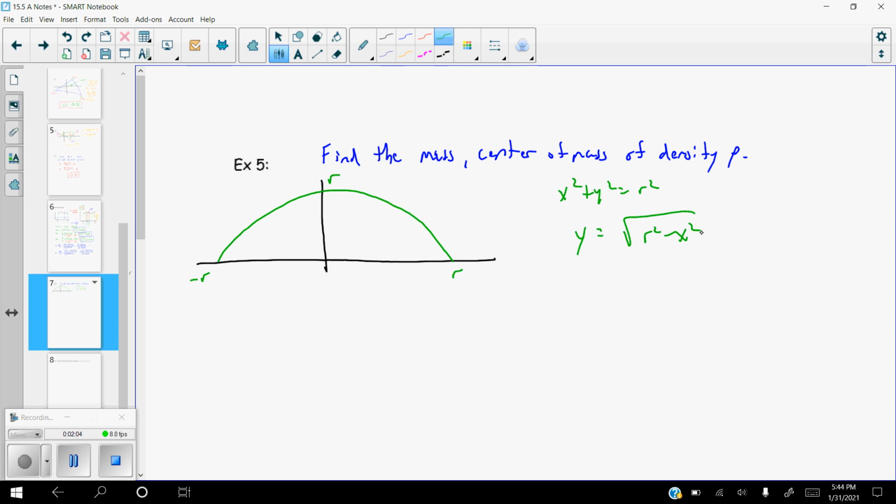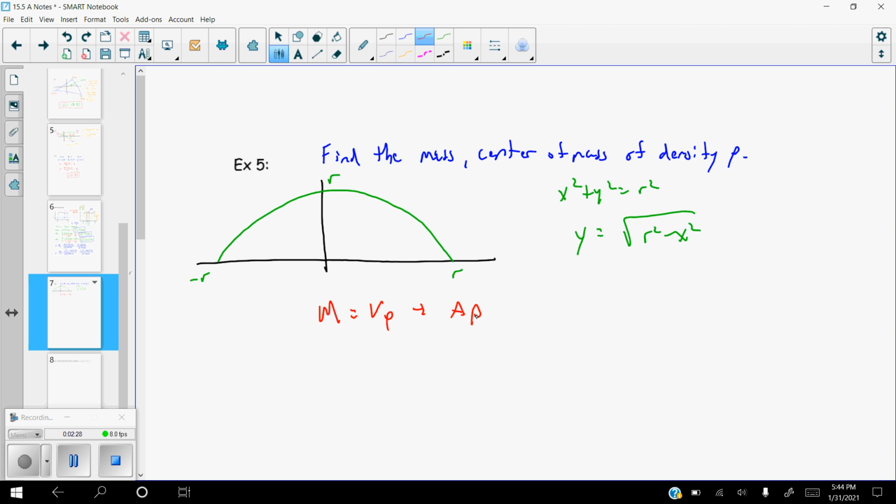All right, so let's find, first of all, the mass. Mass equals volume times density. But this is a two-dimensional surface, so really, in this case, it's going to be the area times the density.